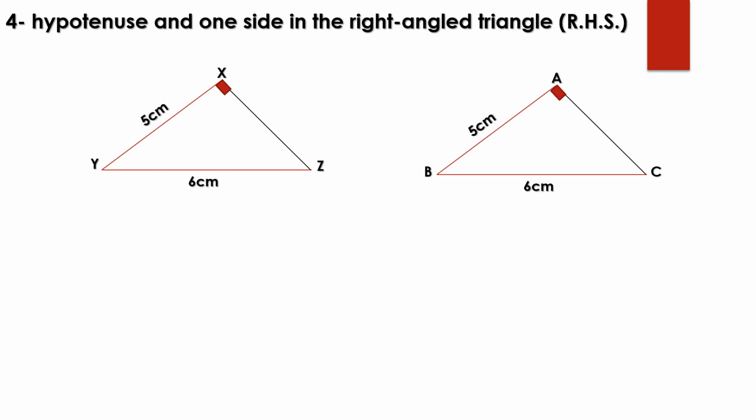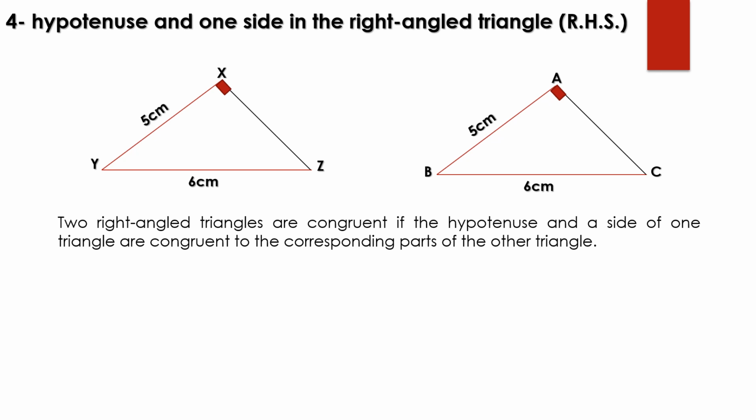In the first triangle ACB, the hypotenuse is CB, which is opposite to the right angle A. In the second triangle XZY, the hypotenuse is ZY, which is opposite to the right angle X. Then the two right-angled triangles are congruent if the hypotenuse and a side of one triangle are congruent to the corresponding parts of the other triangle.